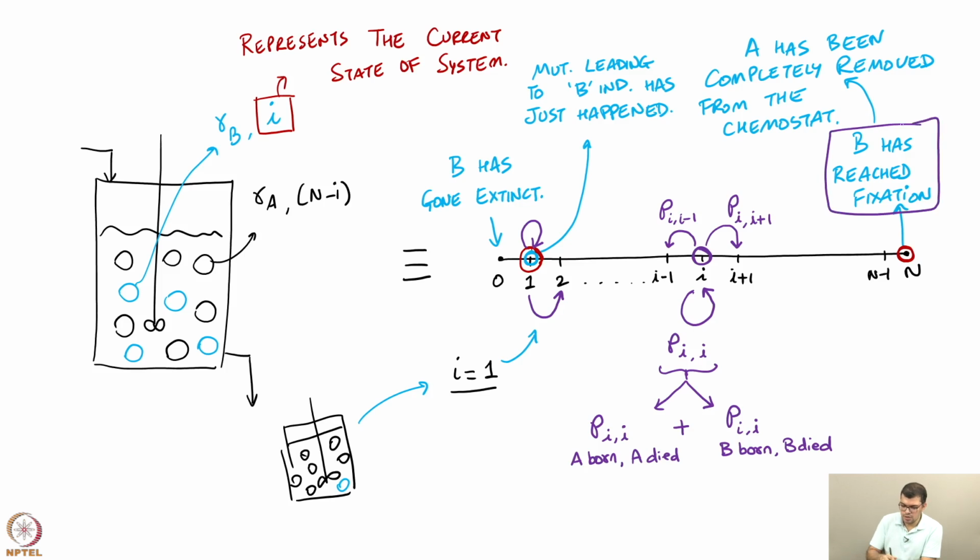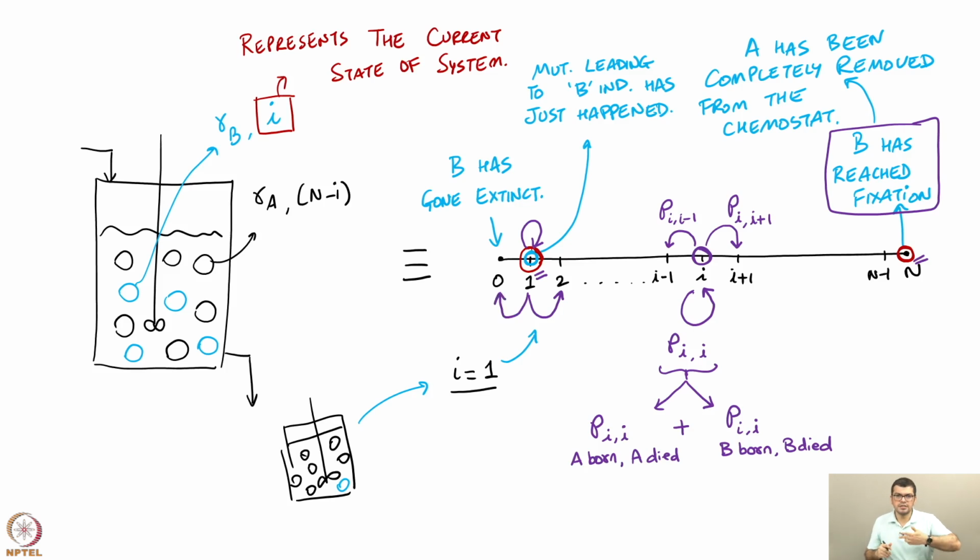We are interested in what is the probability with which a system starts from here and ends here. So, in one step of Moran process, it could either remain there, it could transition to the value I equal to 2, which means it's just taken one step towards fixation, or it could take this backward step.